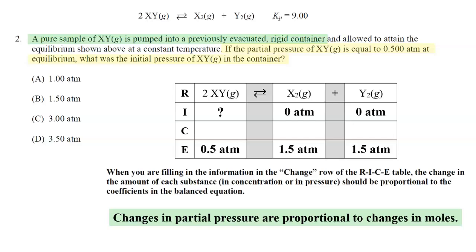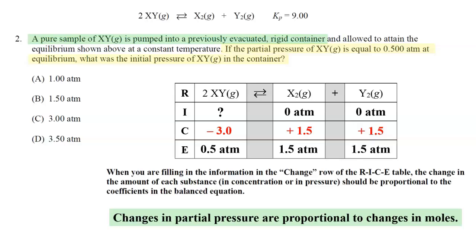Let's go ahead and fill in the change row of this RICE table. For substance X2, that's going to be plus 1.5. For substance Y2, it's also plus 1.5. And because of the 2-to-1 ratio between XY and X2, the magnitude of change for XY should be twice as much. Now, the reason why it's minus 3.0 is because the partial pressure of XY decreases over time.